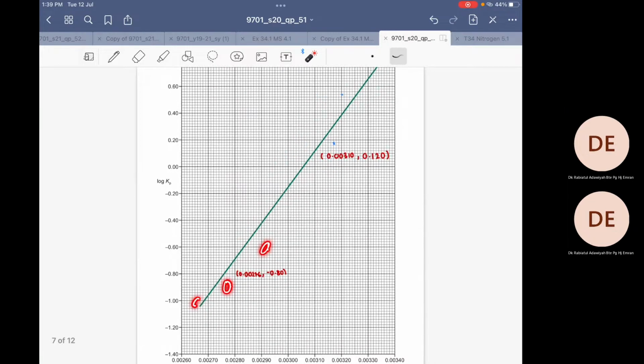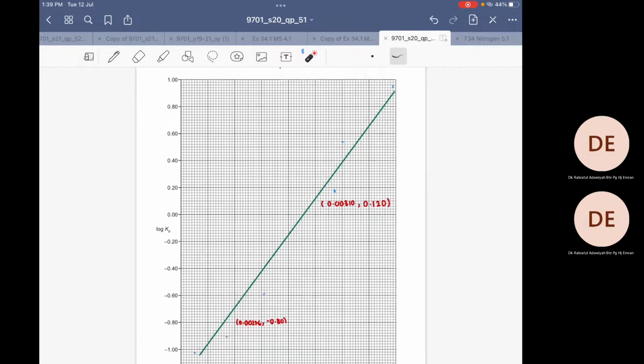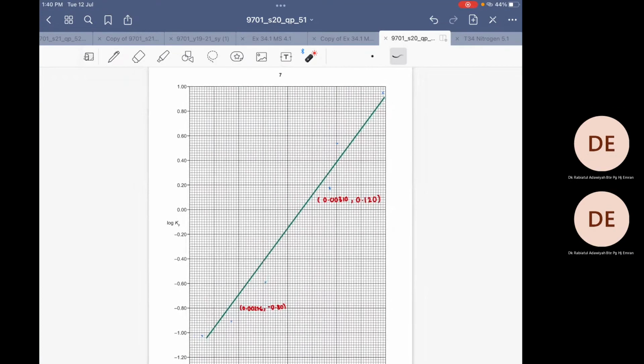They're not on the line, but they are almost about the same distance away from the line. So your line of best fit does not necessarily mean all your points have to sit on the line. This is an example of a line of best fit where none of the points sit on the line. Okay?